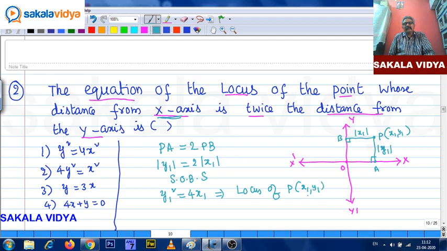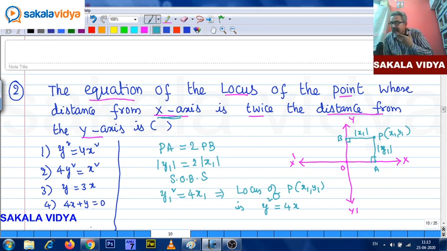That means P(x1, y1) satisfies this curve. So, instead of y1 write y, instead of x1 write x. So, we get y square is equal to 4x. It represents a parabola.